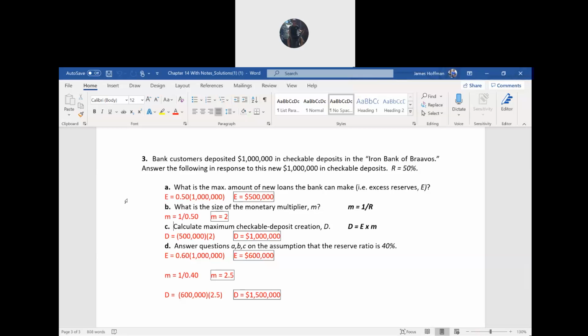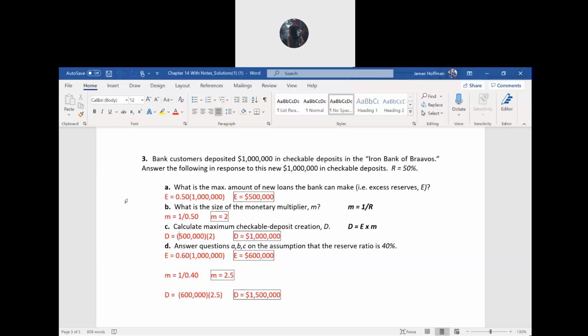Okay, C, let's calculate maximum checkable deposit creation. So how much money can be created given the excess reserves and given the monetary multiplier. All right, so you can use the simple formula where max checkable deposit creation, big D, is equal to E times M. So it's just excess reserves times the monetary multiplier. Okay, we already got those things.